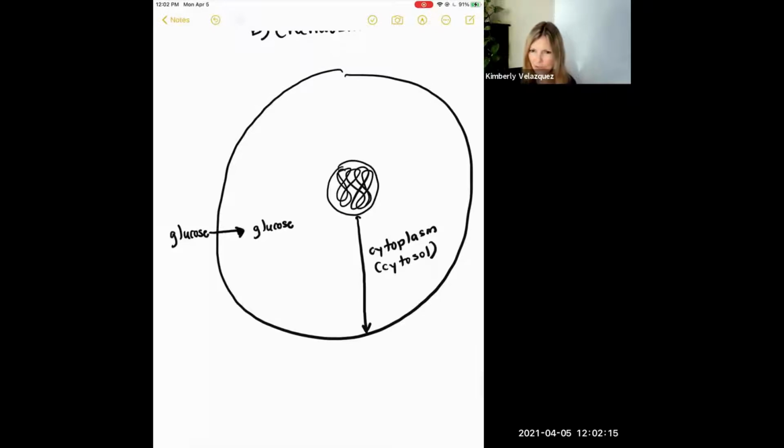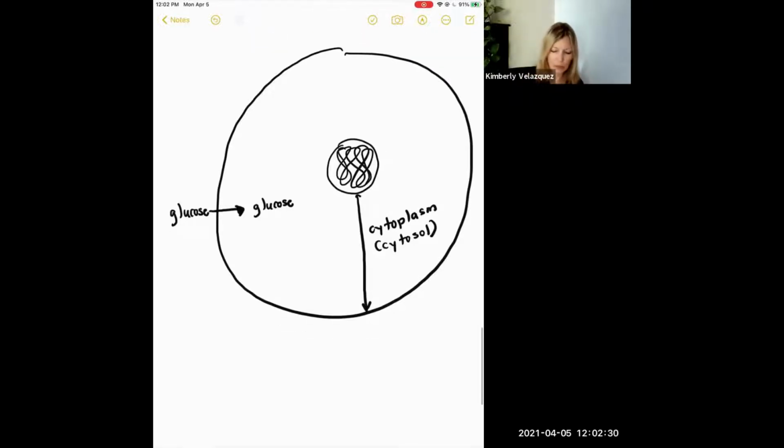If there's enough oxygen present, then the breakdown of the products of glycolysis will continue. If not, it's going to go through something called fermentation, and we're going to talk briefly about fermentation also. But first, we're going to talk about what's referred to as aerobic respiration. So aerobic means with oxygen.